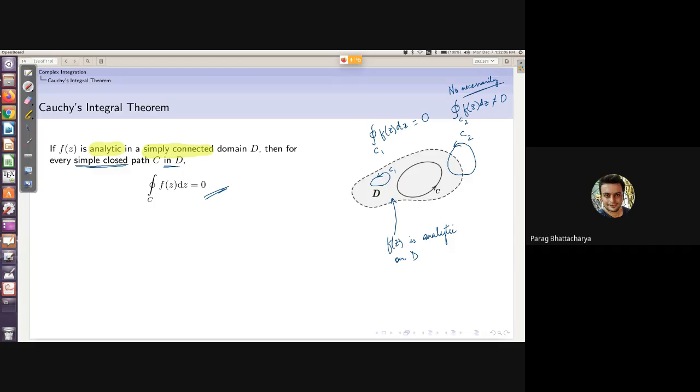The reason is we know that f is analytic over D, but we are not sure whether it's analytic outside D. Maybe it could be. It is possible that this function could be analytic in this part, in which case this will definitely be 0. But we don't know about the analyticity of the function in this outside region. We are 100% sure that the function is analytic in this region.